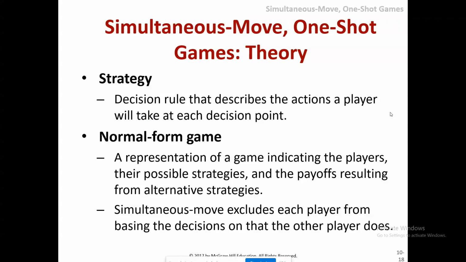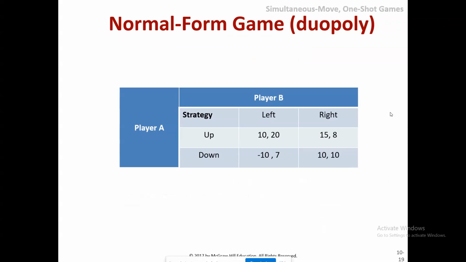It is a representation of a game indicating the players, their possible strategies, and payoffs resulting from alternative strategies. If it is used in a simultaneous move game, then it excludes each player from basing decisions on what the other player does. We see this in the illustration of the Prisoner's Dilemma.